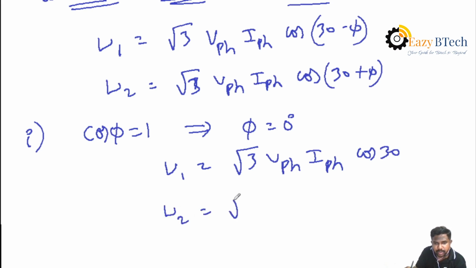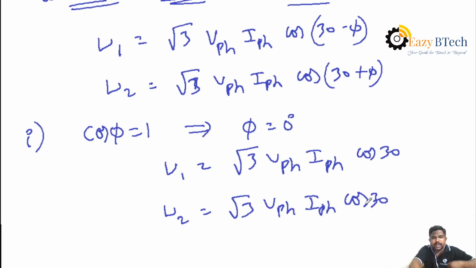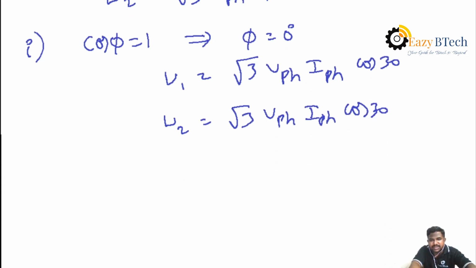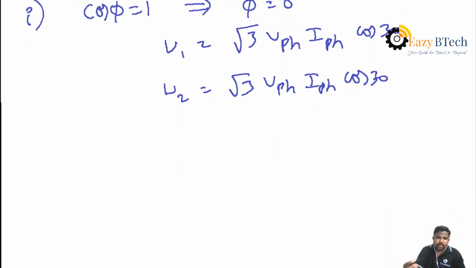Similarly, W2 is root 3 VPH IPH cos 30. That is, both are the same at unity power factor, where the power factor angle is 0.